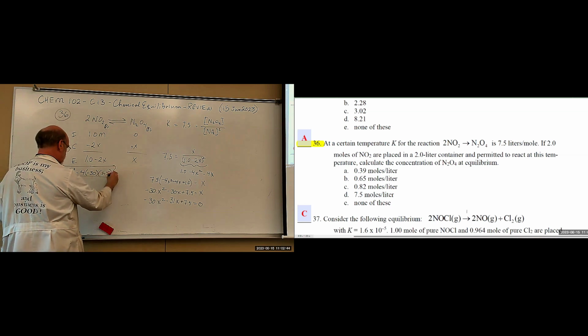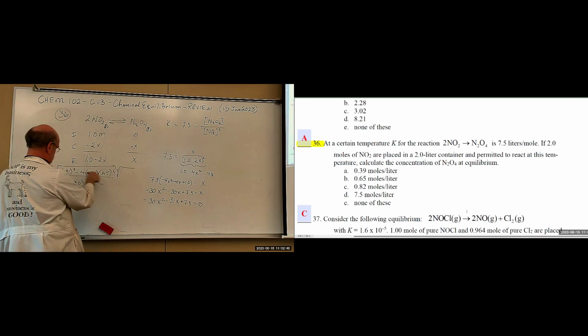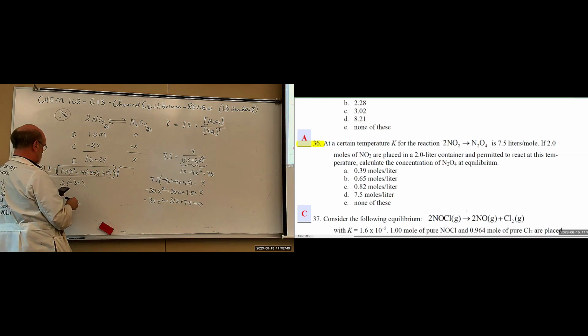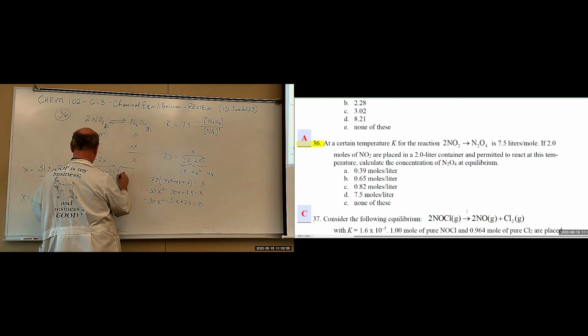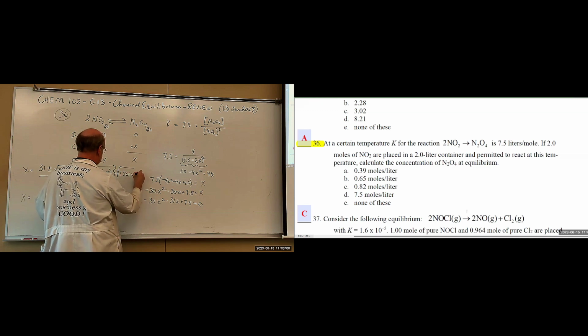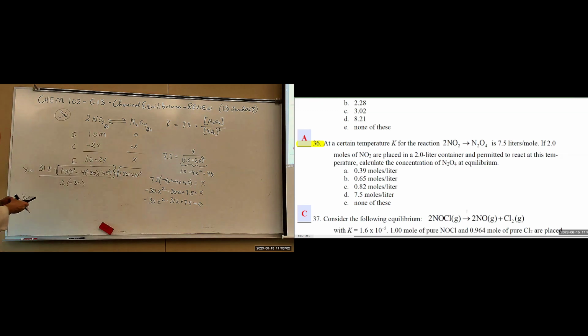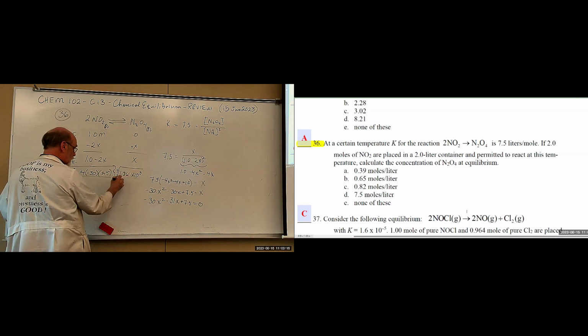So this term up here is going to be 1.861 times 10 to the third. Let me check this again. 31, I'm going to square it. And then I'm going to take 4 enter 30 times, 7.5 times, and add that. Yes. Okay. So now the square root of this is what?